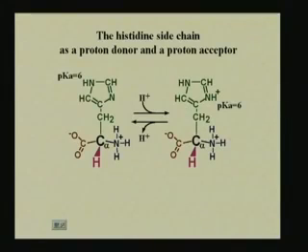Because of this protonation and deprotonation, histidine forms a large number of the catalytic sites of proteins, just because it can accept and donate a proton close to the physiological pH, which is not the case with the other amino acids.